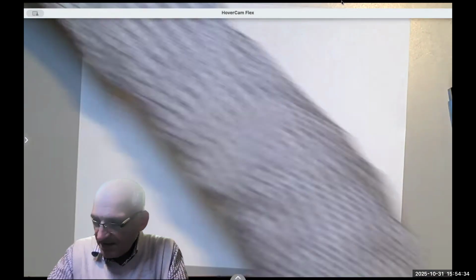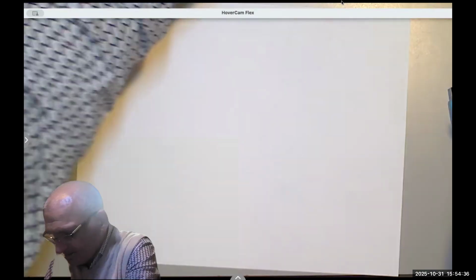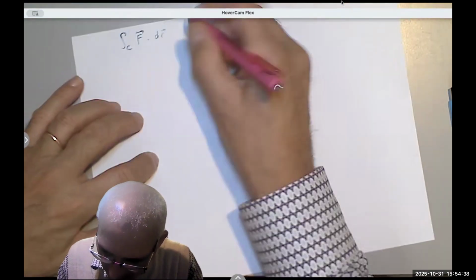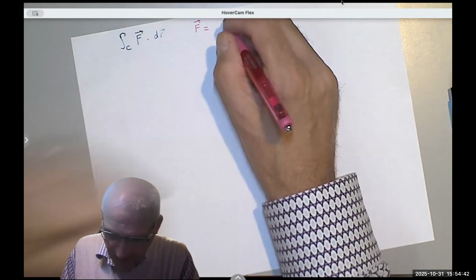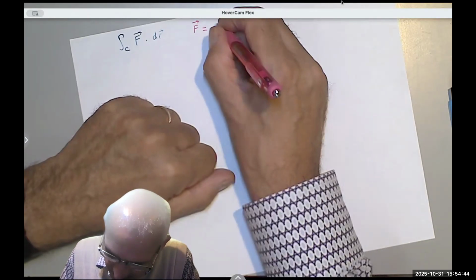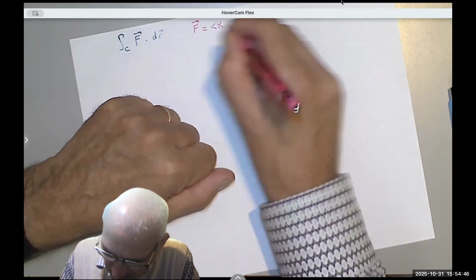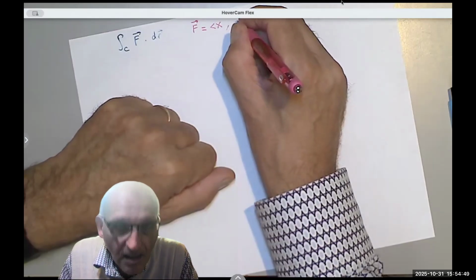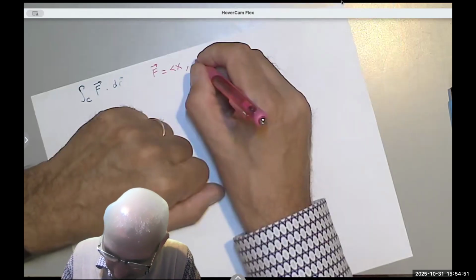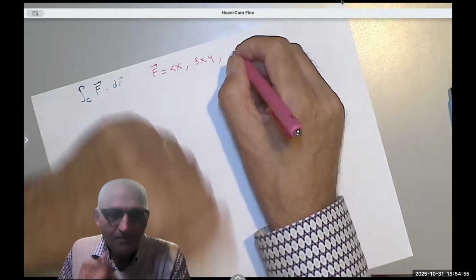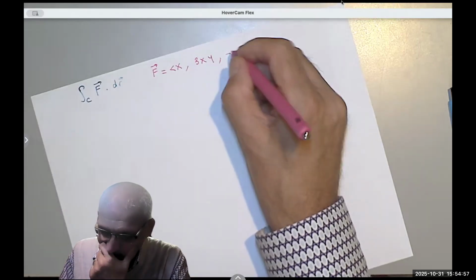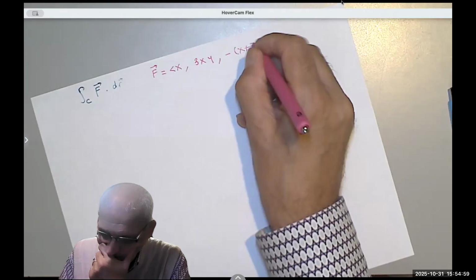So here, let's take an example where my force is given as x, 3xy, negative x plus z.